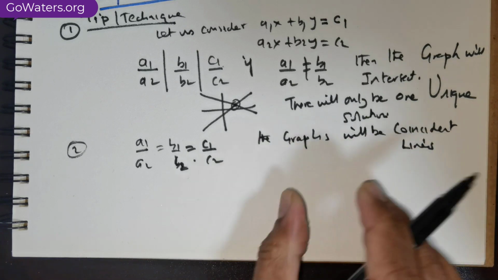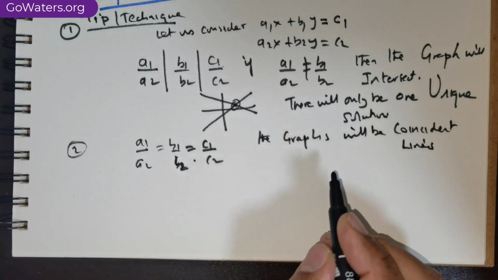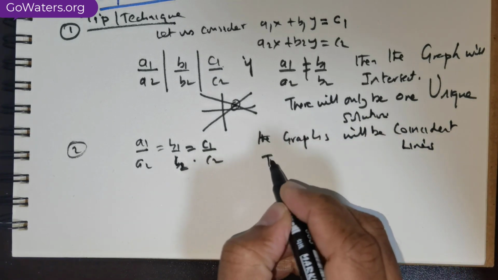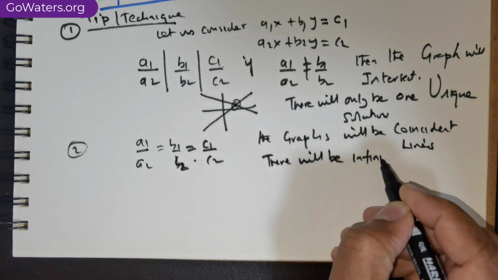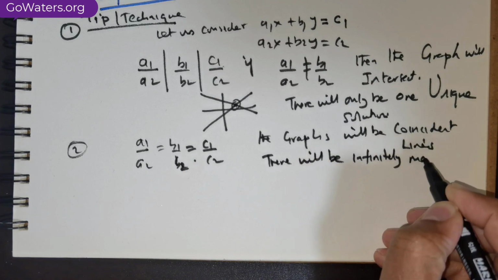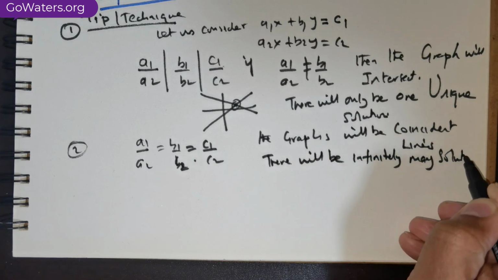That means they will be meeting one another, and there will be infinitely many solutions.